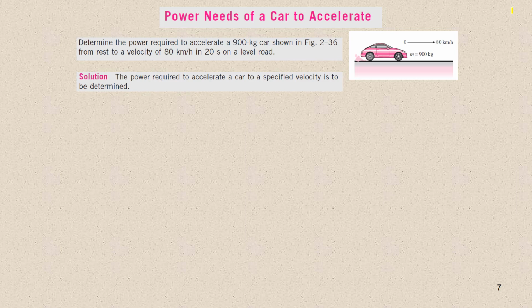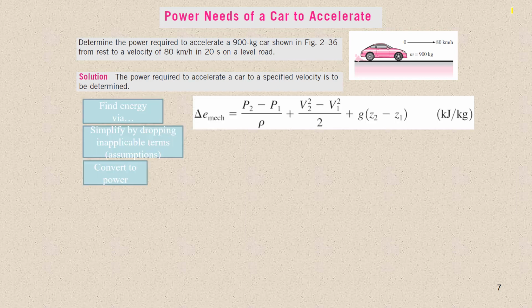In this case, the power required to accelerate a car to a specified velocity is to be determined. For this, you are going to be using the energy balance equation that you learned thus far. You will notice that the mechanical energy that is required is a function of the flow energy, the kinetic energy, and the potential energy differences.